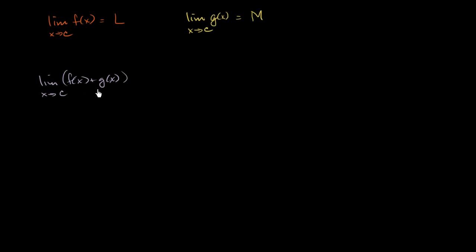Well, you could look at this visually. If you look at the graphs of two arbitrary functions, you would essentially just add those two functions. It'll be pretty clear that this is going to be equal to, and once again, I'm not doing a rigorous proof, I'm just really giving you the properties here.